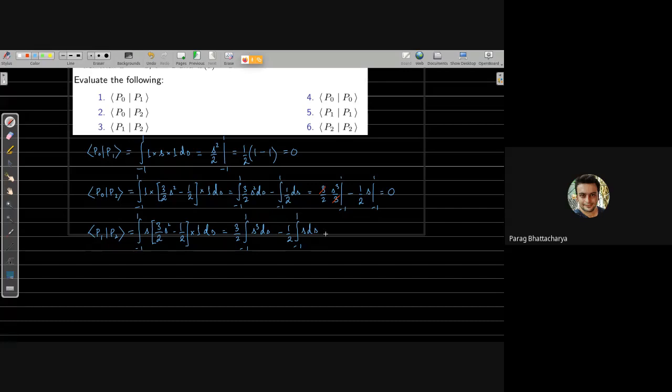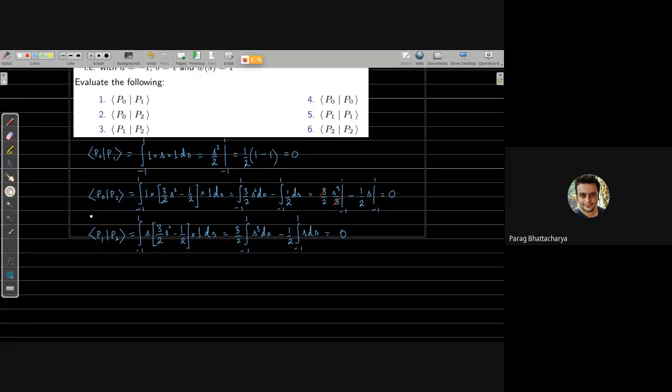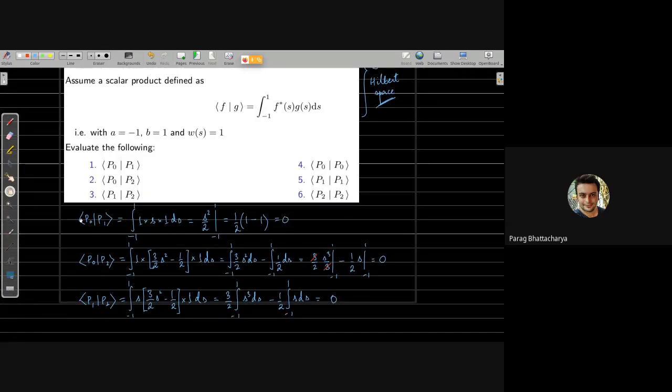Okay? And if you work this out, this also will become equal to 0. Is that clear? So please try out these remaining three. Do this as your homework, okay?